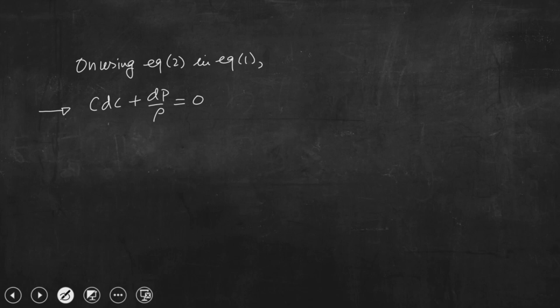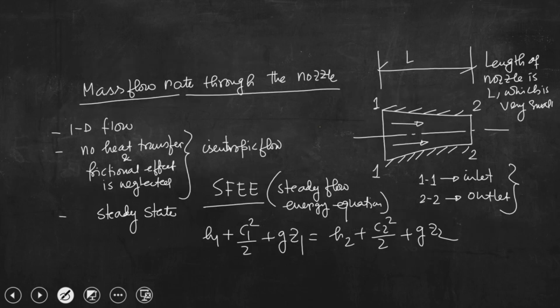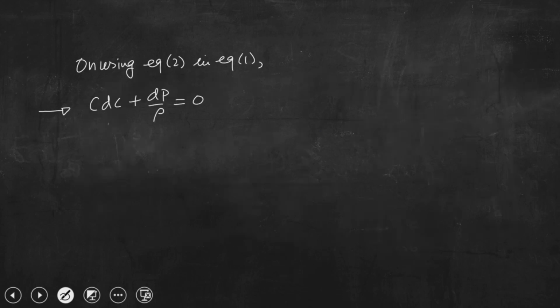Now, we can integrate this equation from section 1 to 2, and then relate the change in velocity of steam as it moves from the inlet section to the outlet section of the nozzle, in terms of the pressure and density.